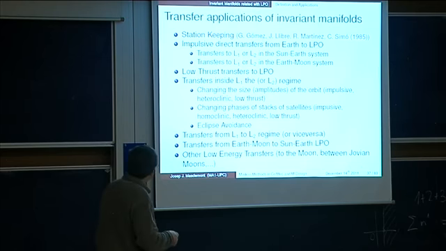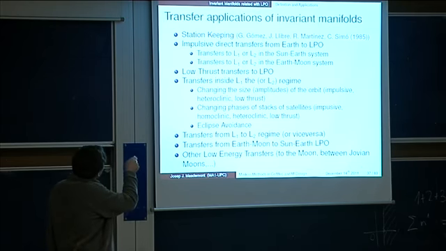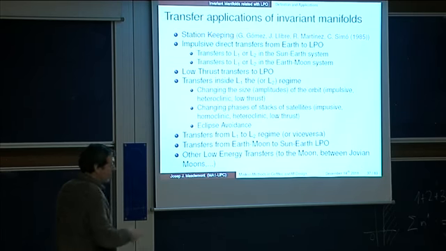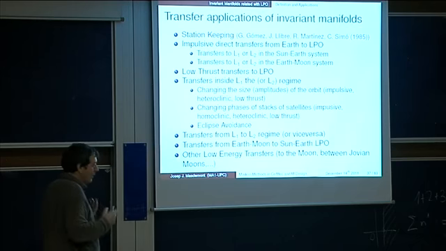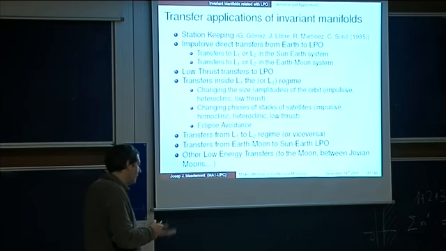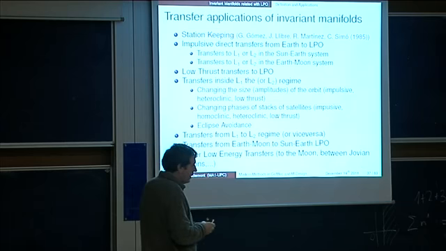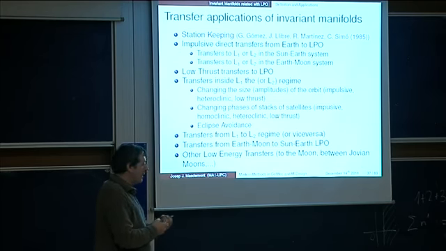So, probably before talking a little bit about transfer, I should say that the starting point of this methodology is looking at the geometry of the orbits and essentially taking into account the natural motion and not the artificial one. I mean, the artificial one will be the maneuvers.